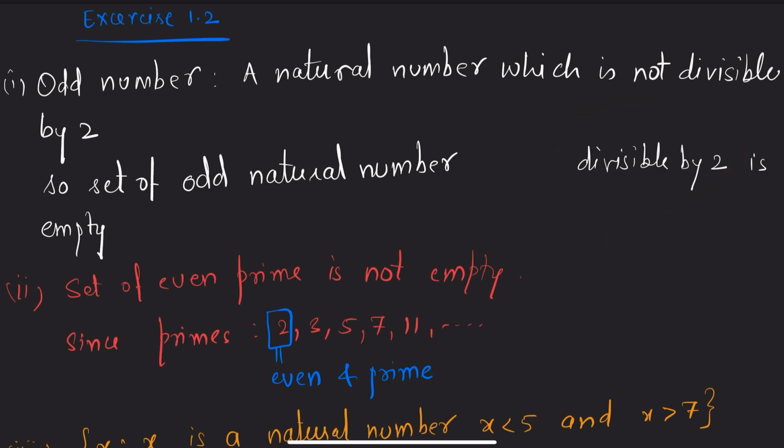The number which is not divisible by 2 is odd. So there exists no element which is odd as well as divisible by 2. So the set is empty, or we can call the set null, because empty and null are equal.